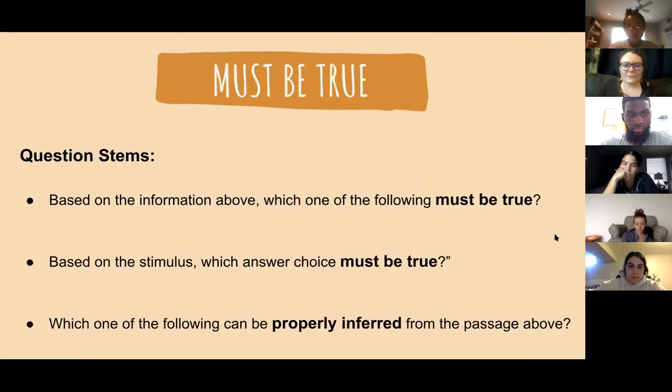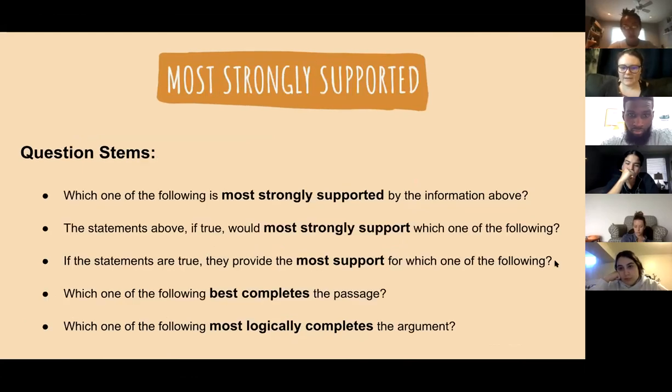So our must be true stimuluses will say things like must be true. So if the statements above must be true, or the other common one is properly inferred. That just means properly concluded. And then how those look different from most strongly supported: instead of must be true, it'll just say most strongly supported.